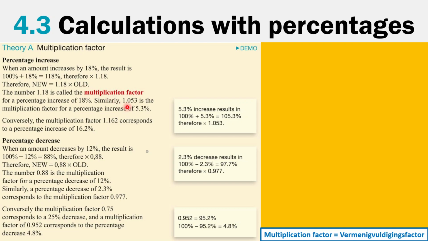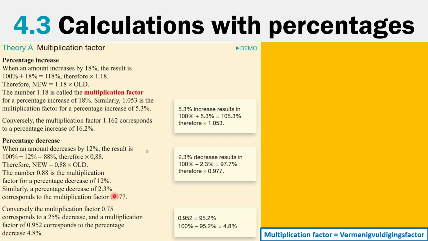And 1.053, if I would take a look at this, do minus 1 and times 100, you will find a percentage increase of 5.3, right? And a decrease means in this case that my multiplication factor is less than 1, for example 0.88. Here they say a comma, it has to be a point. Translation is not that good this chapter.